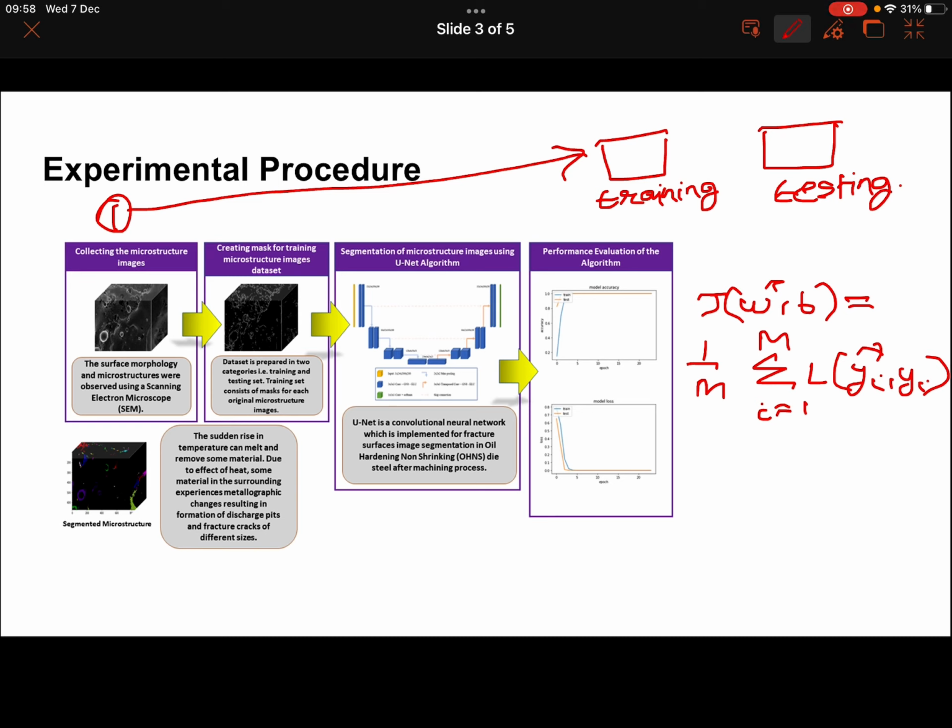In the training folder, we create two subfolders. The first subfolder contains the original microstructure images, and the second subfolder contains the masks of the original microstructure images. This mask is created by the Canny edge detection algorithm.